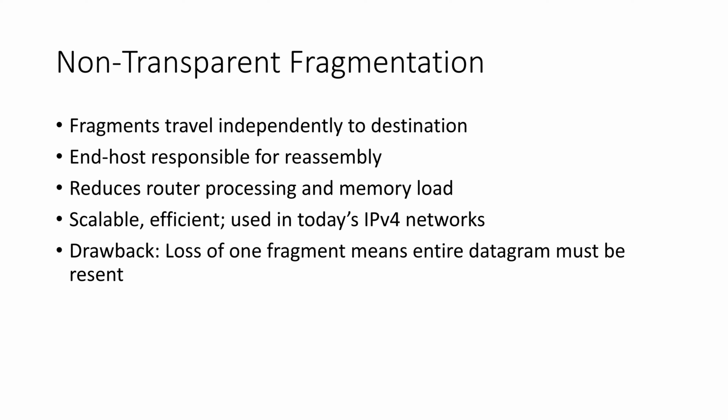Its drawbacks include the risk that if a single fragment is lost, the whole datagram must be discarded and retransmitted by the sender. Also, the end host must handle reassembly, increasing its workload slightly. Despite these, non-transparent fragmentation is what IPv4 networks use today. It remains efficient and scalable for the decentralized packet-switched architecture of the internet.